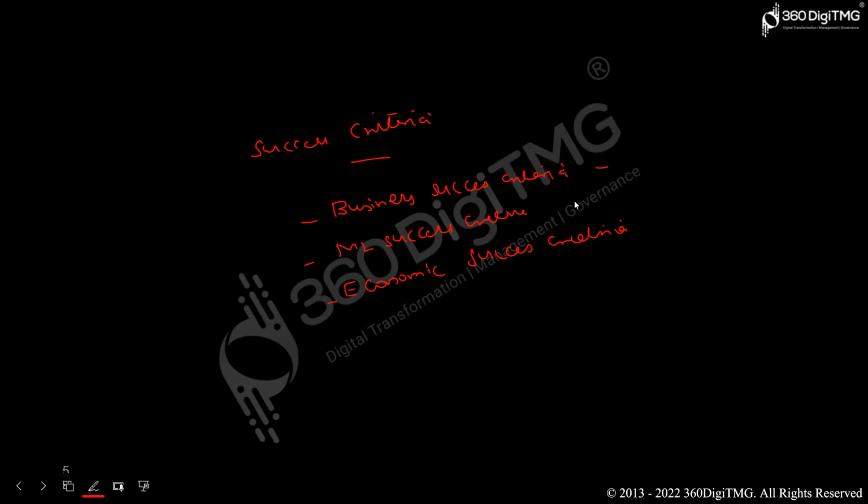In business success criteria, it relies on the objectives. When it comes to ML success criteria, it talks about some percentage of machine learning, for example, accuracy and efficiency.